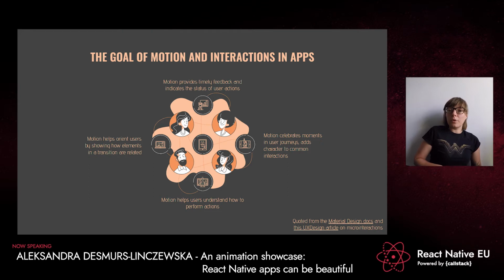And the last goal of motion interactions in apps is that motion helps orient users by showing how elements in a transition are related. The best example would be on a category page in an e-commerce app. When a user touches a product image, the image will move slightly up and the product details appear below the image.